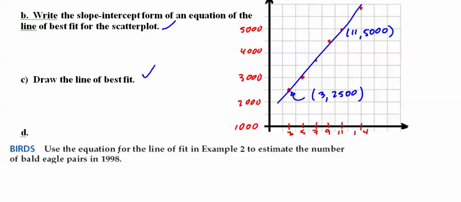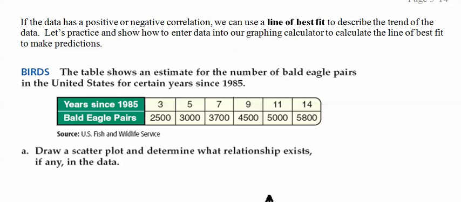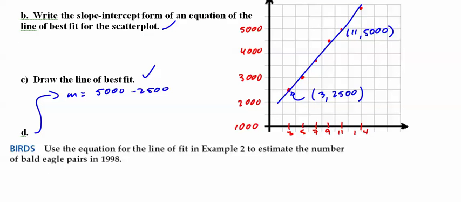I don't know what D is supposed to say here, but let's do what I would do. Find your slope and write the equation of the line. m equals 5,000 minus 2,500, in bald eagle pairs. Isn't that interesting? I thought it'd be higher than that. It's moving along nicely. I'll give it that.